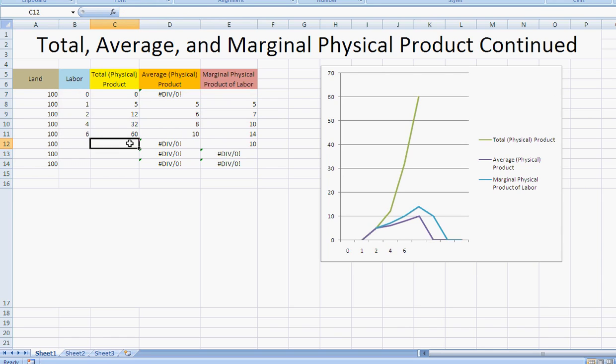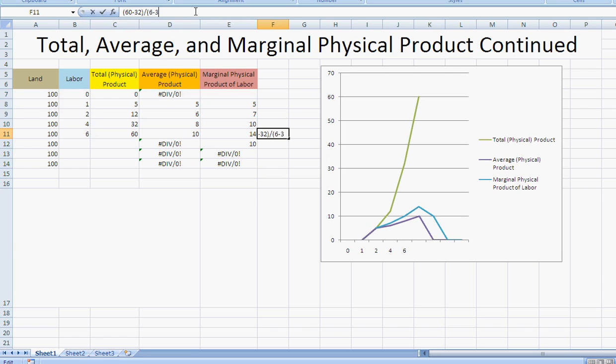And 14 is coming from 60 minus 32, which is 28. So this right here, I'll just type because I can't write in Excel. This is 60 minus 32, and that entire thing divided by 6 minus 4, which is 2.